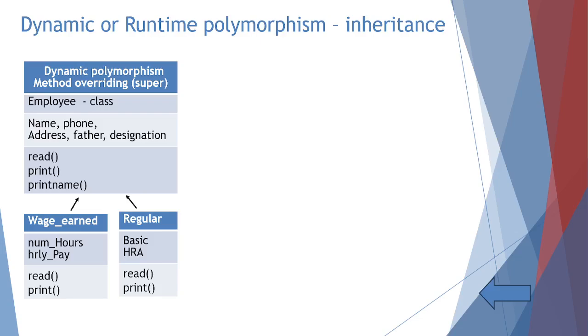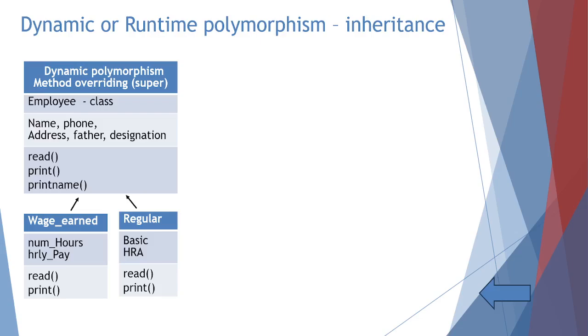So, if there are 2 types of employees, first one is wage earned, second one is a regular employee. Wage earned employee is given the salary in such a way, number of hours worked will be calculated, and hourly pay is so and so multiplied by that, and every 15 days or 10 days wage earned employee gets salary.